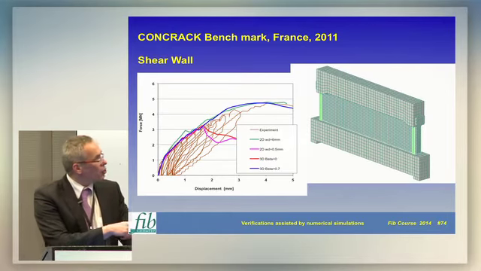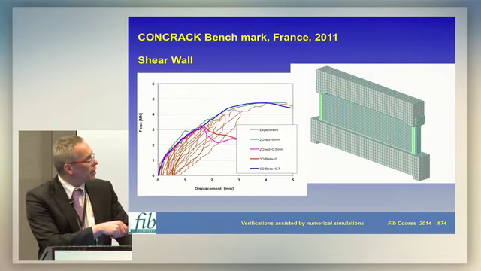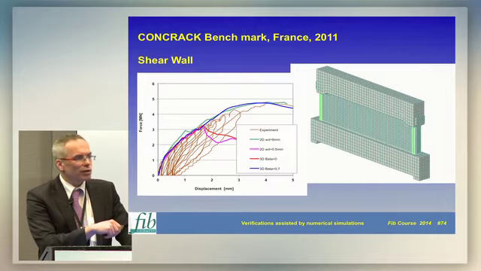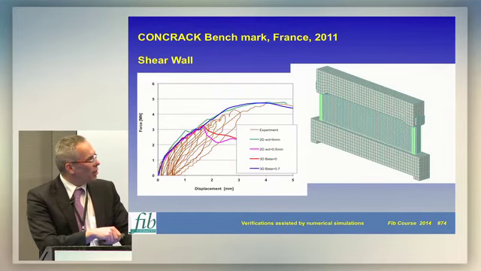This is another benchmark from France, organized recently by this project SEOS, I think it's called. So one example was this wall. Here you see the experimental response, and here you see the numerical result for 2D, 3D.